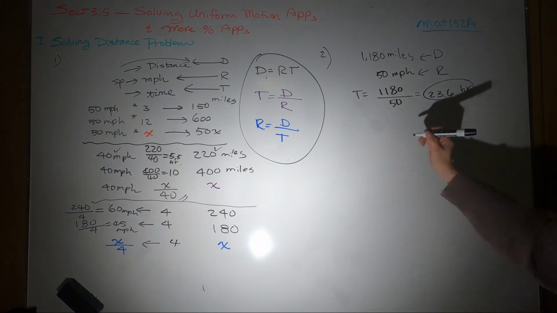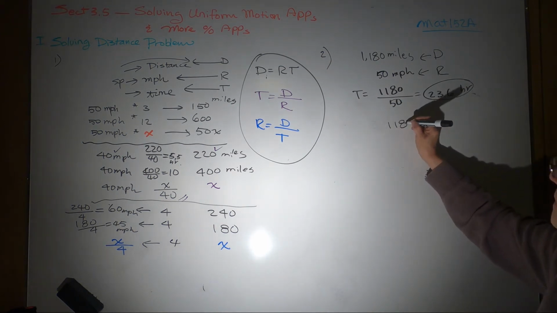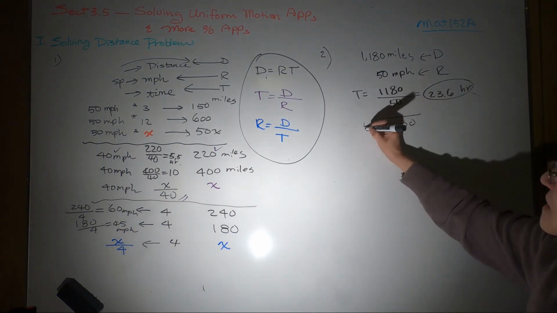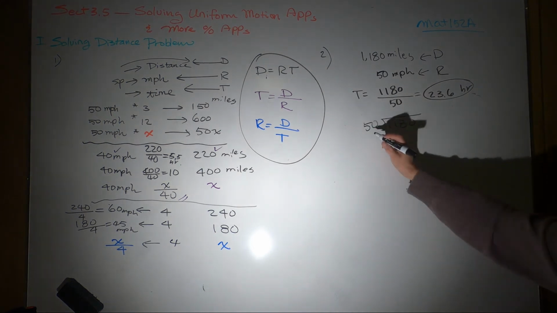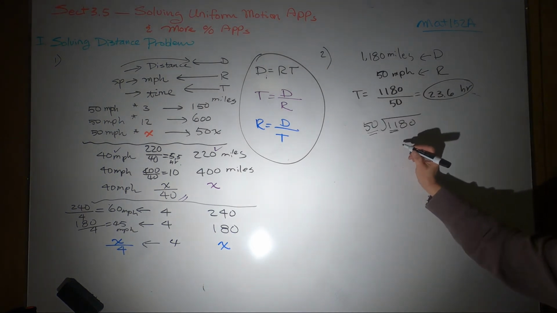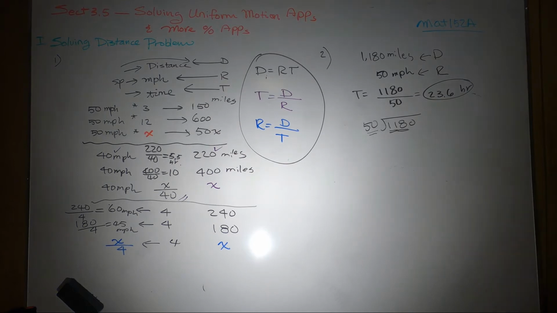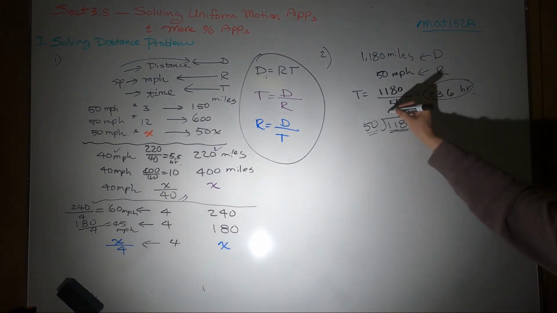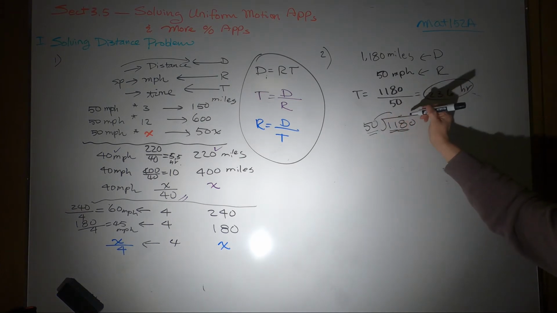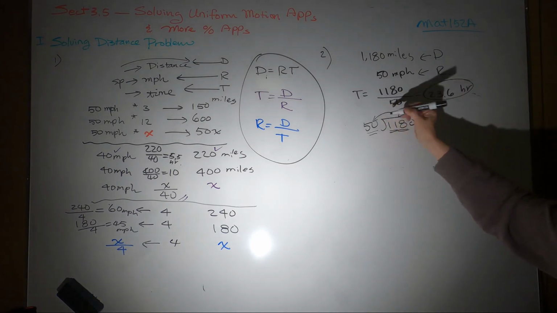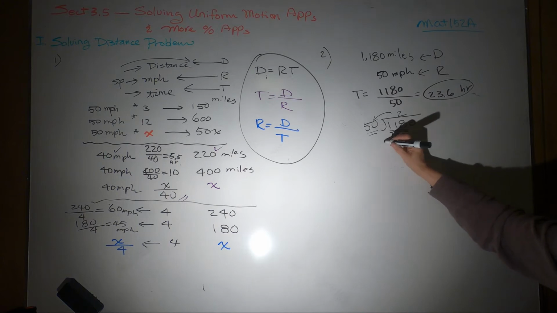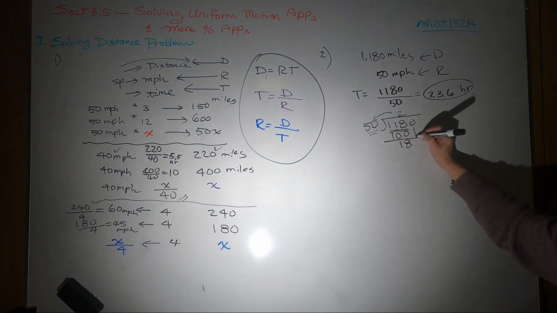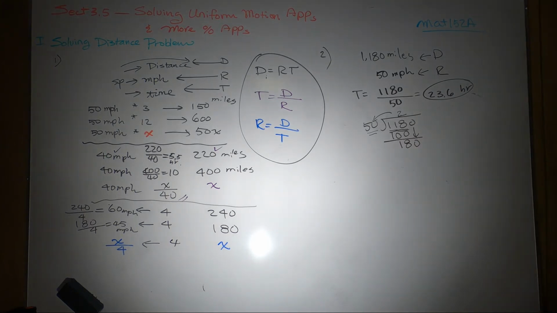Remember how to do your division? Divided by 50. So how do you do it? Two numbers, not enough, take one more, right? 50 can go into 118 3 times, oops, not really, 2. 2 times 50 is 100, then 18 left, you drop a 0, right?